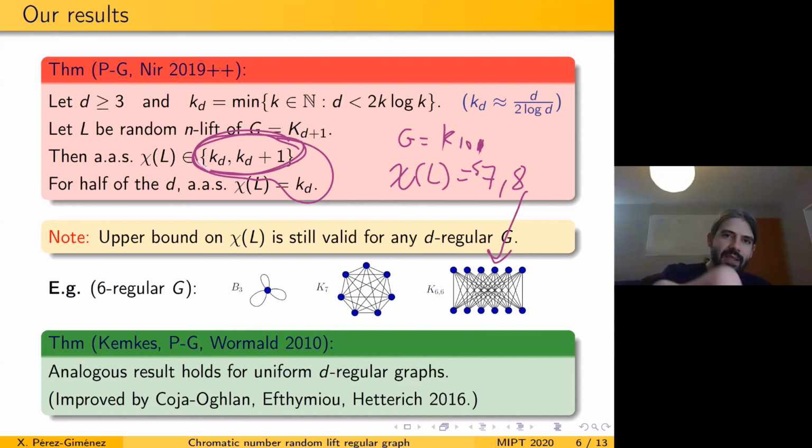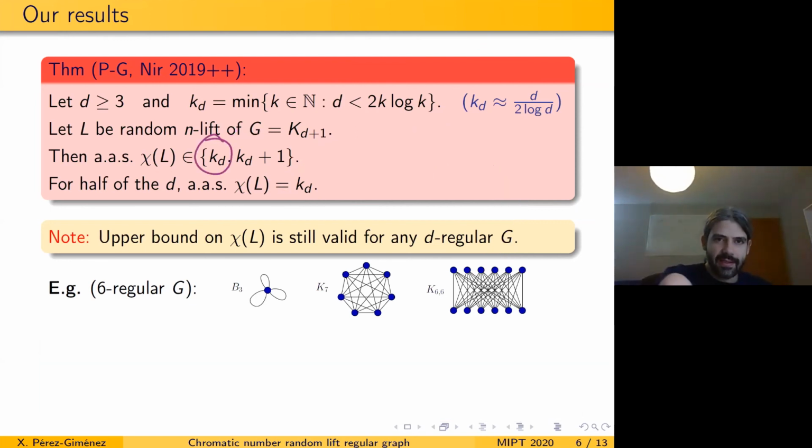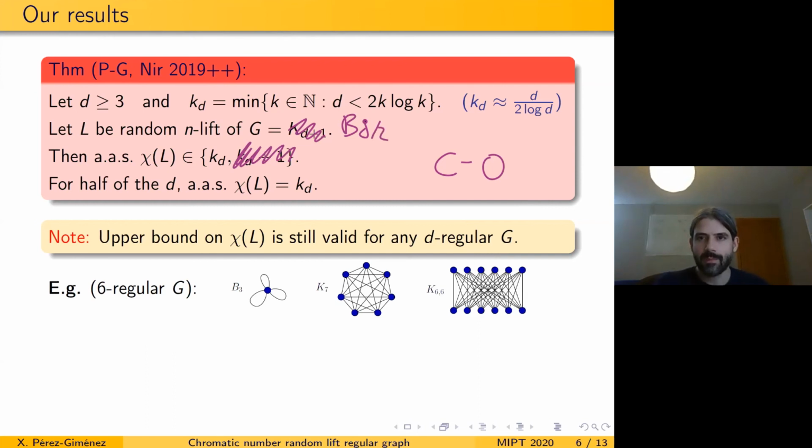And in fact, my suspicion, maybe I should say something more about that, is that this is the truth. But in order to do that, Coja-Oghlan, what he did for the uniform model, which would correspond to a bouquet of D over 2 loops, he used some ideas that come from statistical physics to say that if D is large enough, still a constant, but larger than some very large constant, you can get rid of this value.